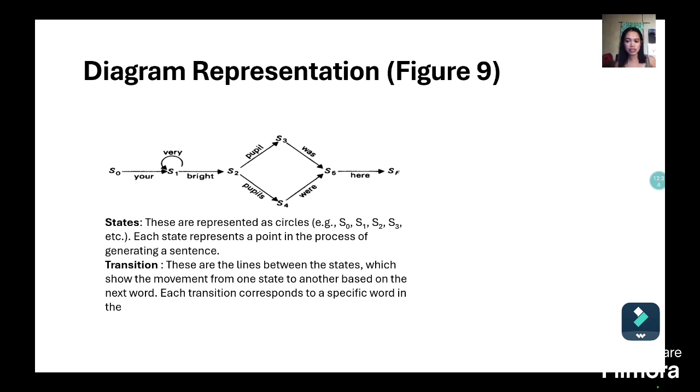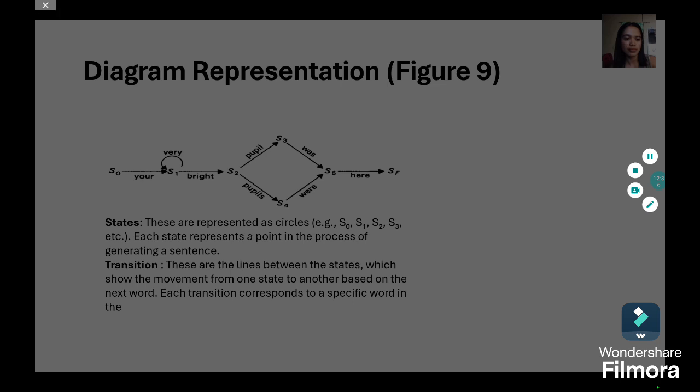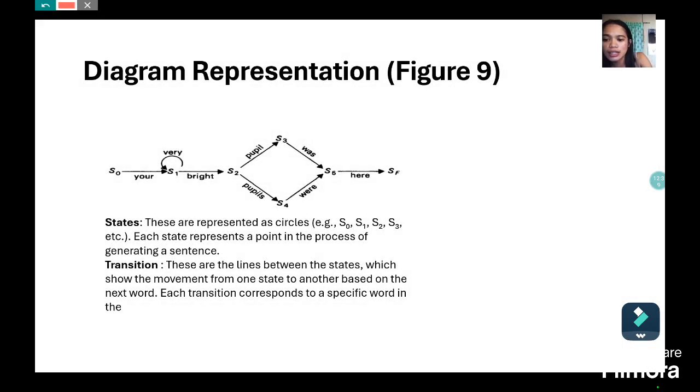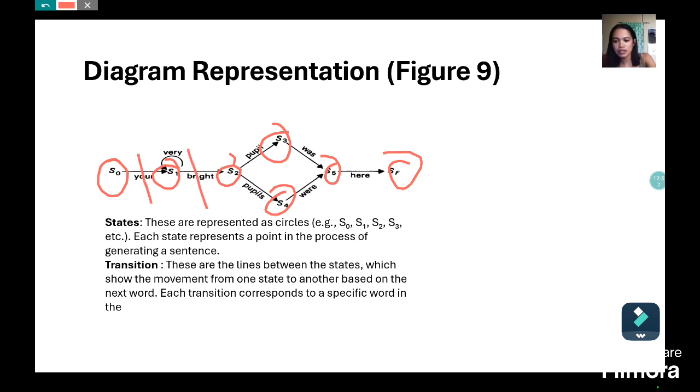Now the transitions. The states here are these circles. And the transitions are the lines between the states. These lines show the movement from one state to another based on the next word.